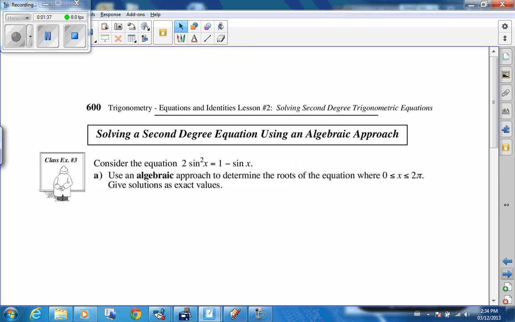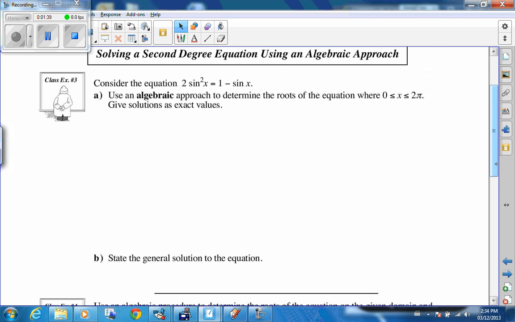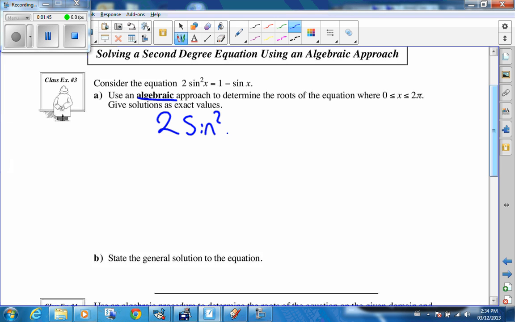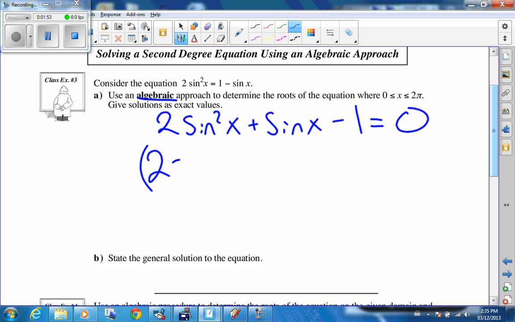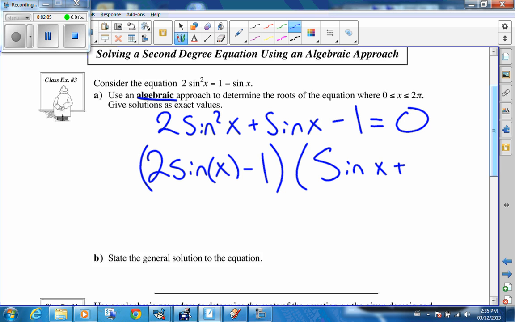I may not have. So all I do to algebraically solve it is I get the same general equation, and now I factor it. So my lead bracket's going to be a 2 sine x minus 1 times sine x plus 1.